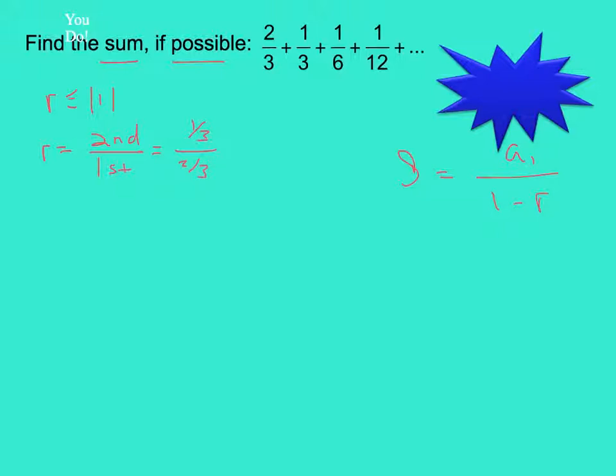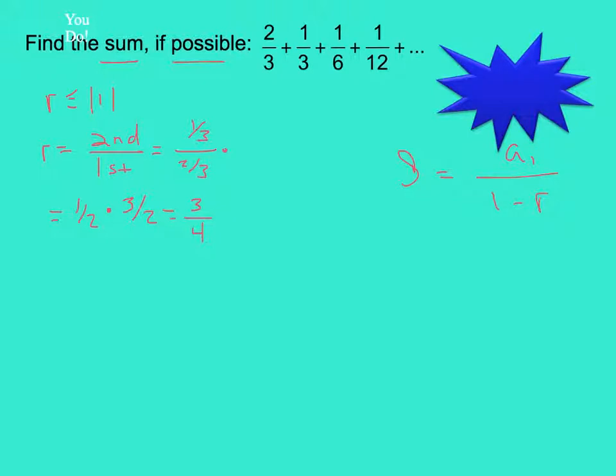Now you can totally just stick this in the calculator. Since I can't bring up my calculator, I'm just going to go ahead and use a trick. When I have a fraction divided by a fraction, instead of doing this division here, I'm going to change it to multiplication and multiply by the reciprocal. So I'm going to flip that second fraction around and then multiply the tops, put it on the top, multiply the bottoms, put it on the bottom.